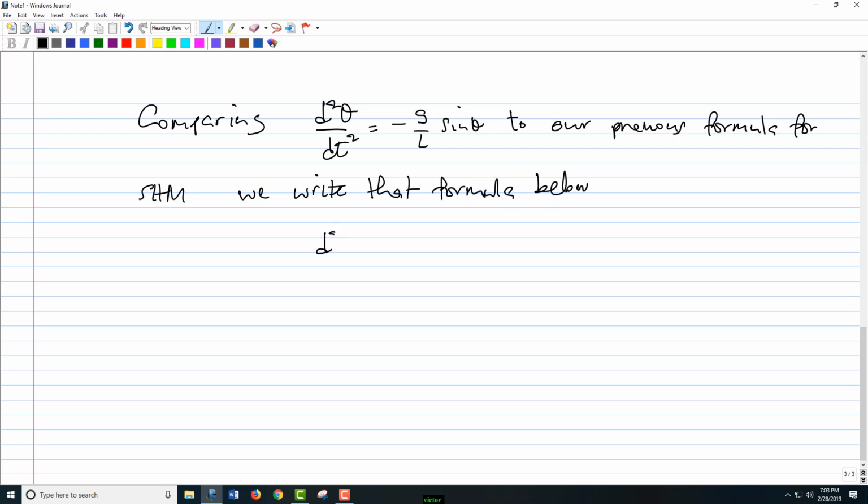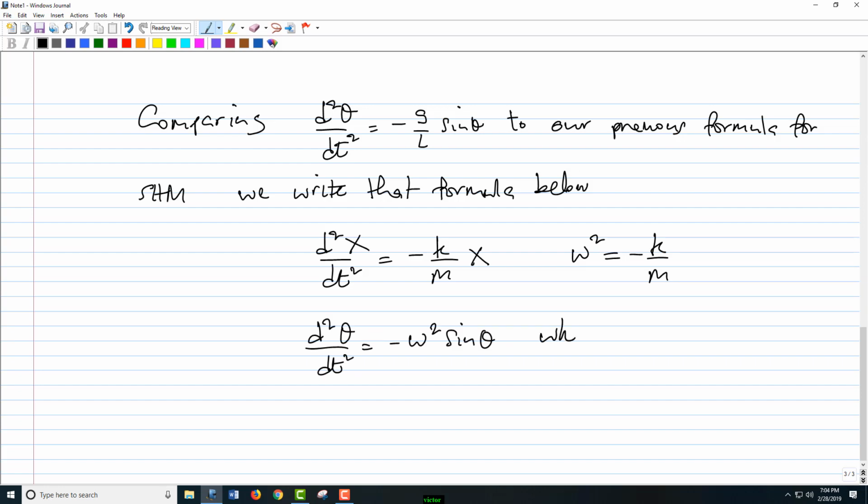So that formula was d squared x dt squared equals minus k over m times x. In that formula, we had k over m equal to omega squared. So we can do the same for our formula, where in our case, for the simple pendulum, omega squared is equal to g over L.